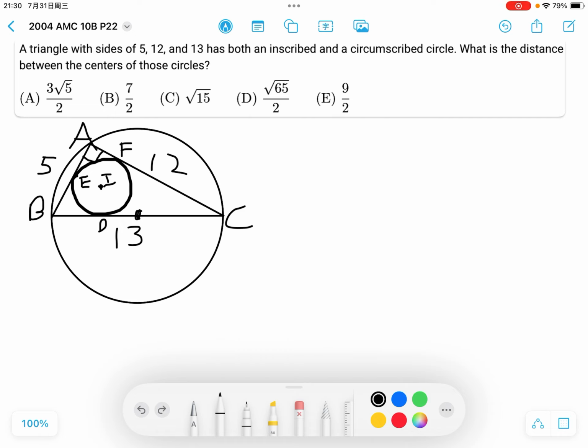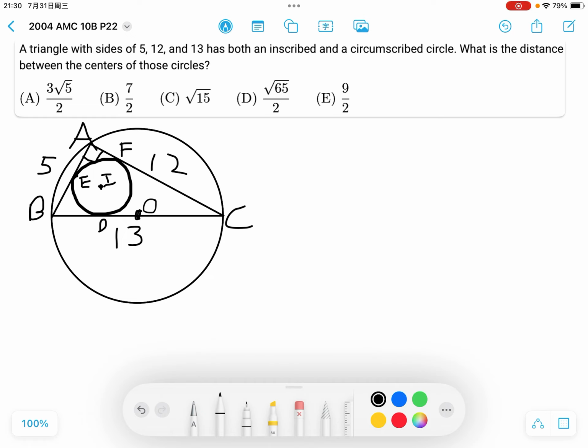So this is a right angle, and so BC is a diameter. So BC is equal to 13, and the radius is going to be 13 over 2. Let's label the center of my circumcircle. My circumcenter will be O.